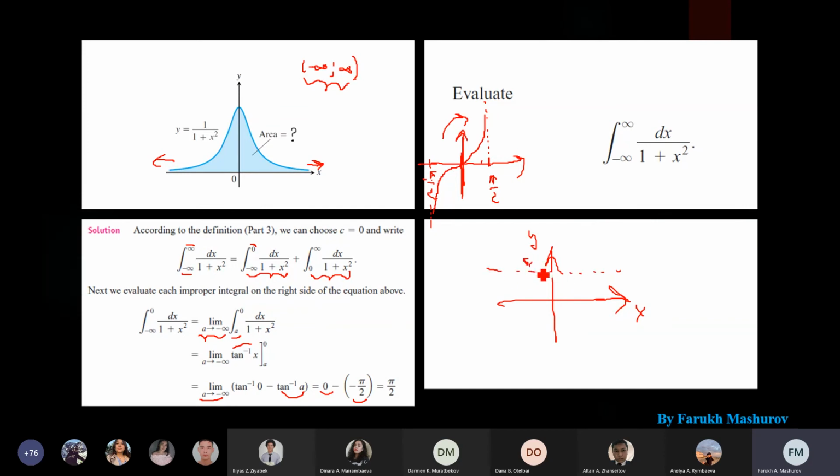Here will be pi over 2, and here will be minus pi over 2, yeah. I think if we rotate this one, what do we have? So yeah, this one. Here we have an asymptote, yeah. Is it correct?